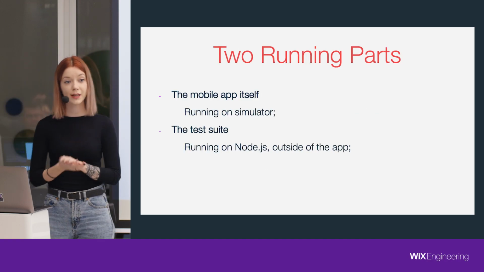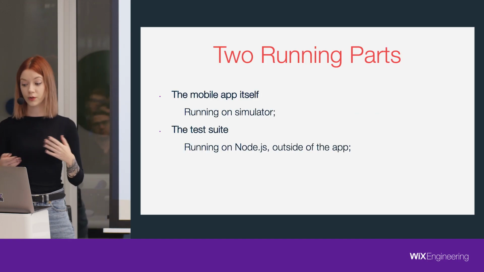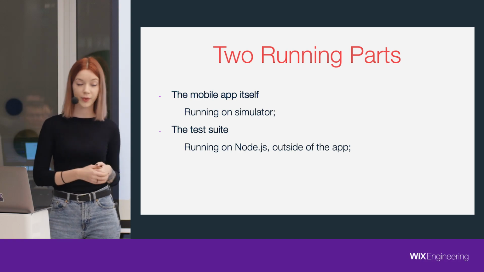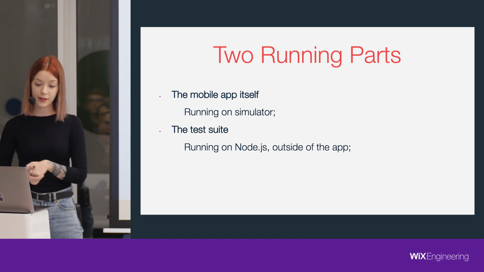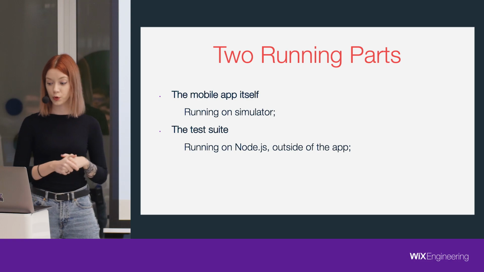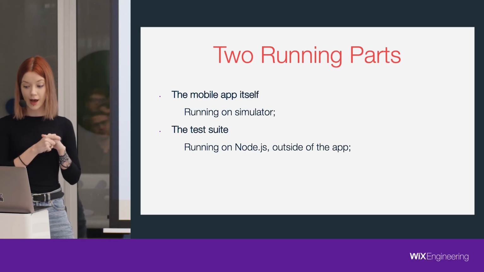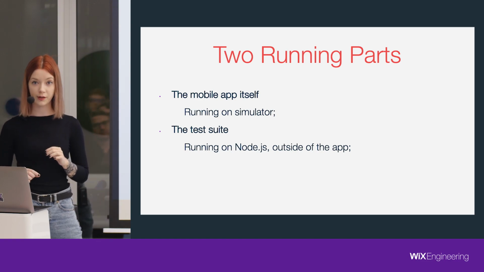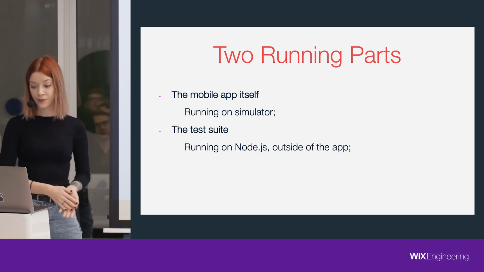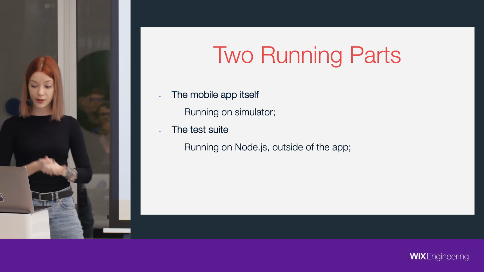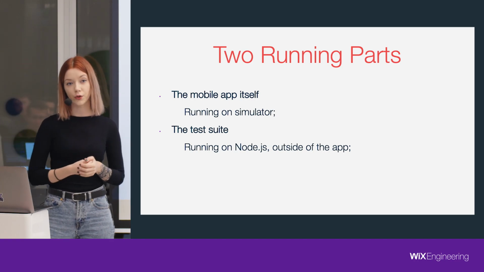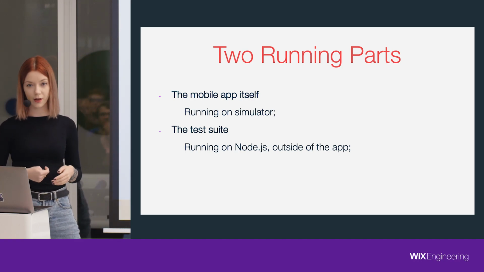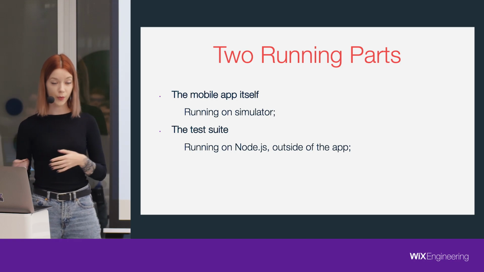Also, when Detox tests execute, you actually have two different parts running side by side. So the first part is the mobile app itself, usually running on a simulator, and your tests are usually built once before running them on the simulator. The second part is the test suite that is running on Node.js using a test runner like Mocha.